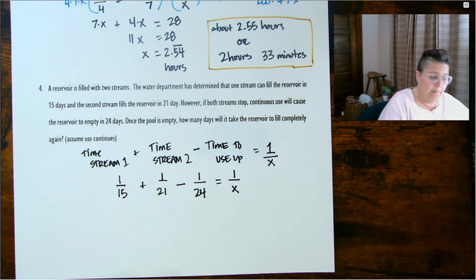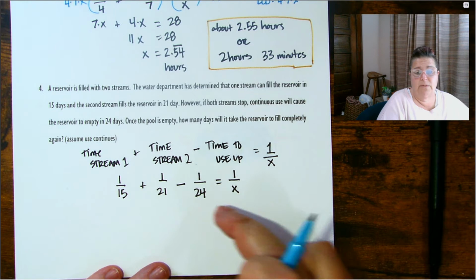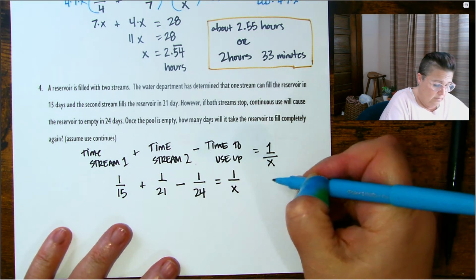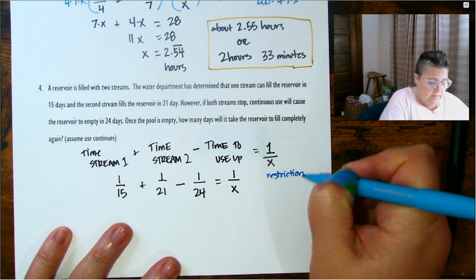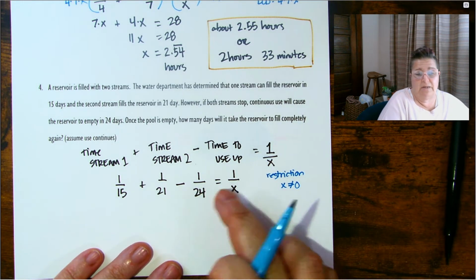Okay. The best way I know to do this, because I've got a 15, a 21, a 24, and an x, is to use my factors again. I should note that the restriction is that x cannot be 0 because I can't have a 0 on the denominator.